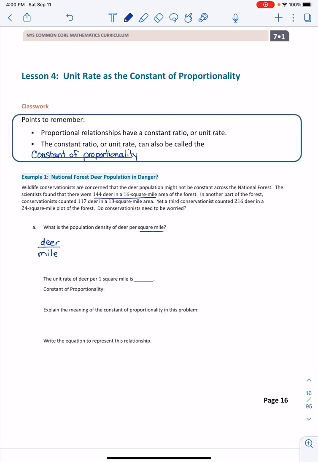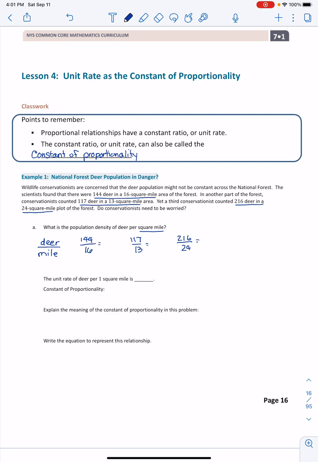We also need 117 deer in a 13 square mile and 216 deer in a 24 square mile. So the numbers that we need are 144 over 16. We also need the 117 over 13, and we also need 216 over 24.